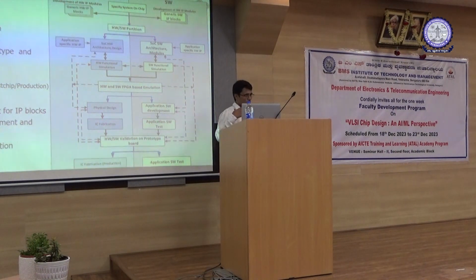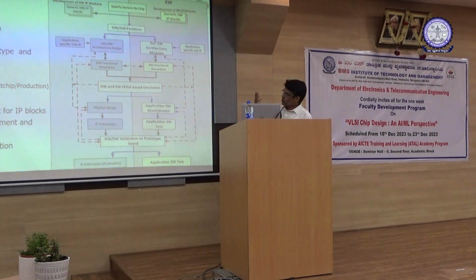For that design, for each IP, application specific or generic, the architecture definition stage will be started. Once the architecture definition stage starts, then microarchitecture definition, then RTL and verification, everything will start.